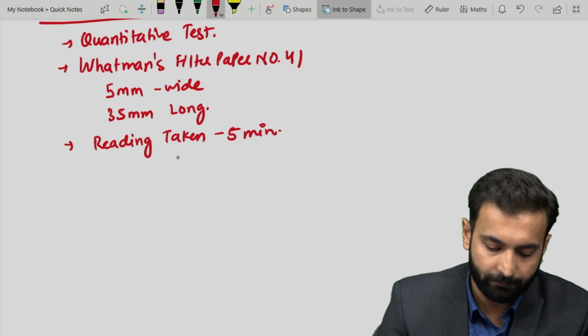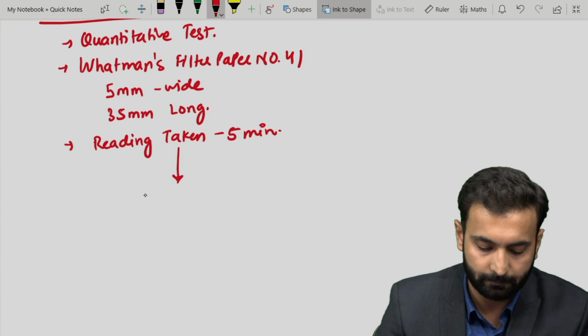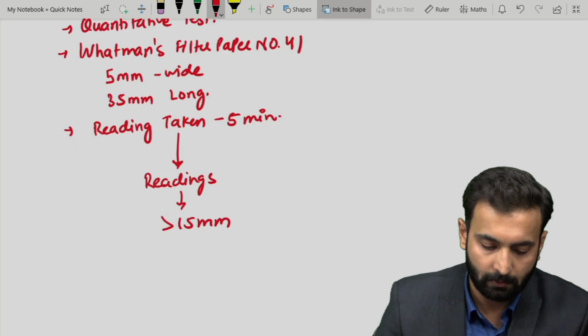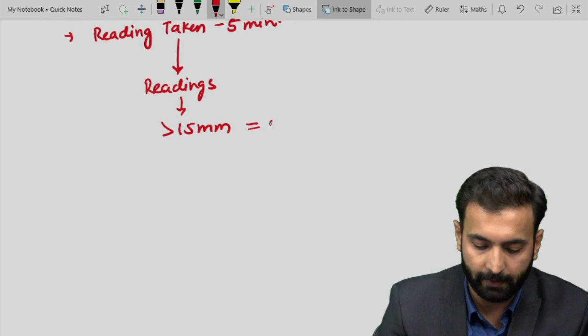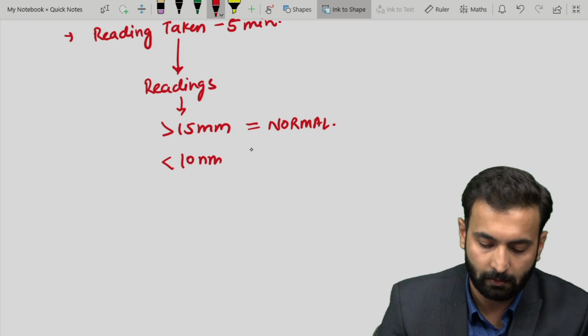So students, if the reading is more than 15 millimeter, this is a normal reading, right? And if it is less than 10 millimeter, it is indicative of dry eye.